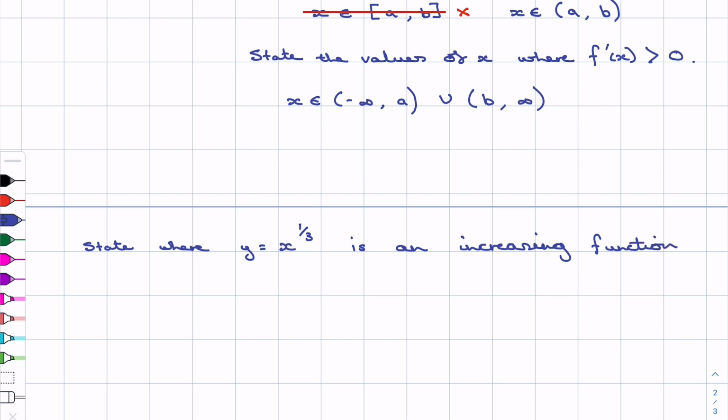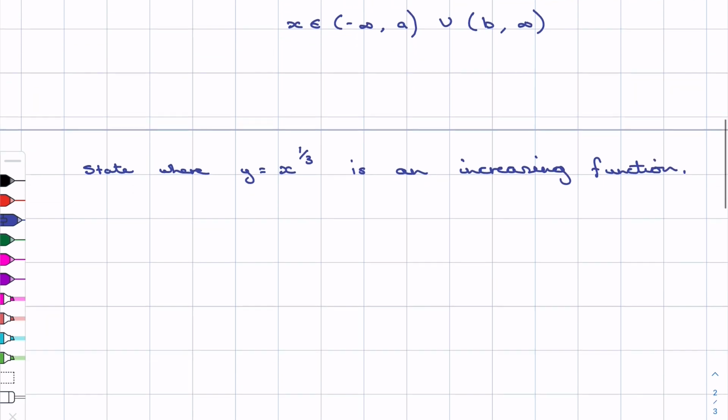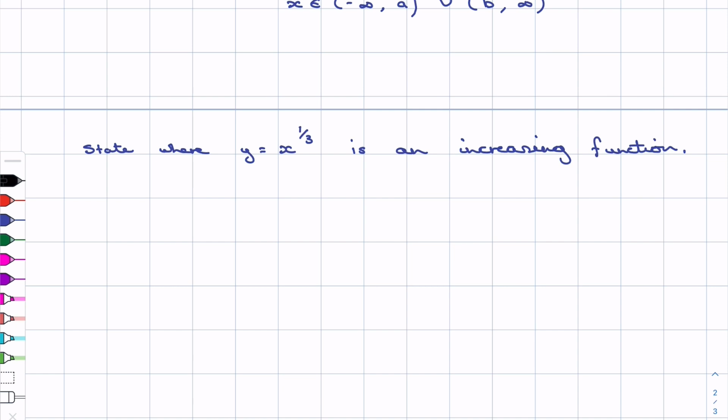Now, this might seem a little strange, but if I sketch y equals x to the power of a third, this function is going to look like this. It'll have a point of inflection.